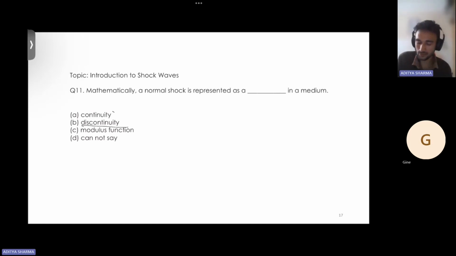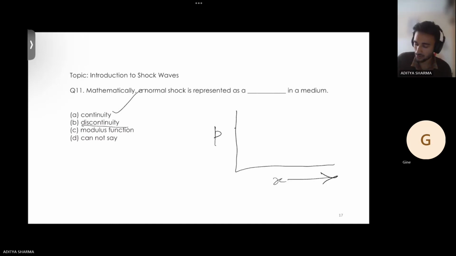Discontinuity in the sense that if we draw a pressure graph with respect to some distance in the flow direction, how do we represent a normal shock?